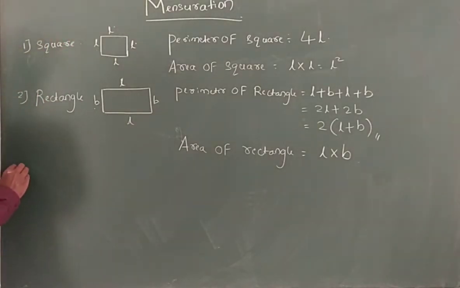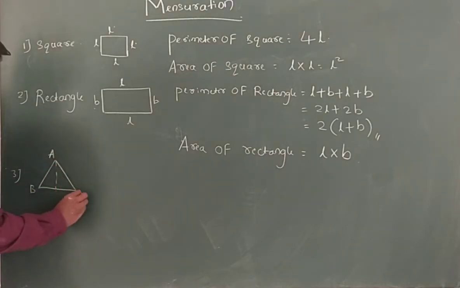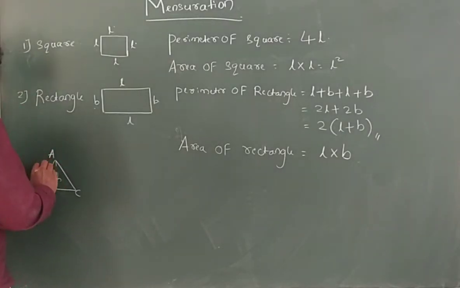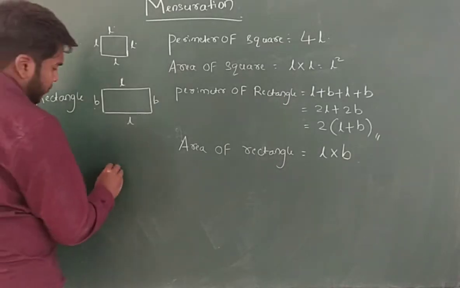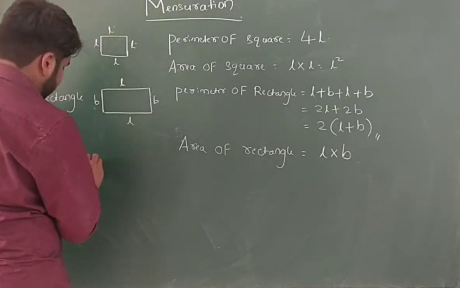Similarly, the third figure is a triangle. I'll choose the vertices A, B, C. Here I choose the height, and the sides I'll choose as A and A. This is a triangle.